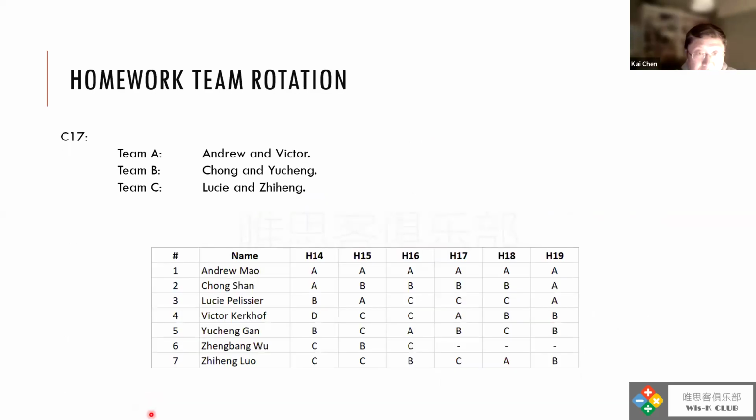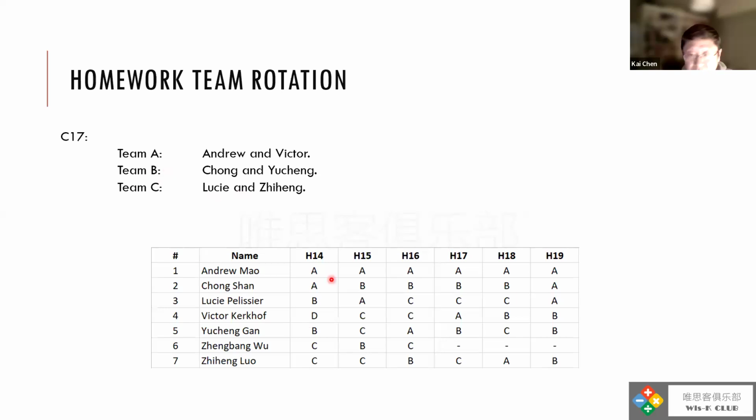Okay, so that is the end. Since Zhenba and Xiaomi moved to the OJ group, in the remaining three lectures you are divided into three teams, each consisting of two of you.